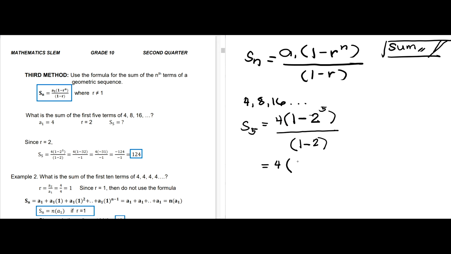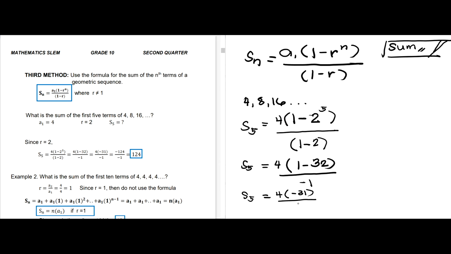So, we just solve this step by step. We have here 1 minus, what's 2 raised to 5? That would be 32, all over 1 minus 2, that is negative 1. So, we copy this one. 1 minus 32, that is negative 31.